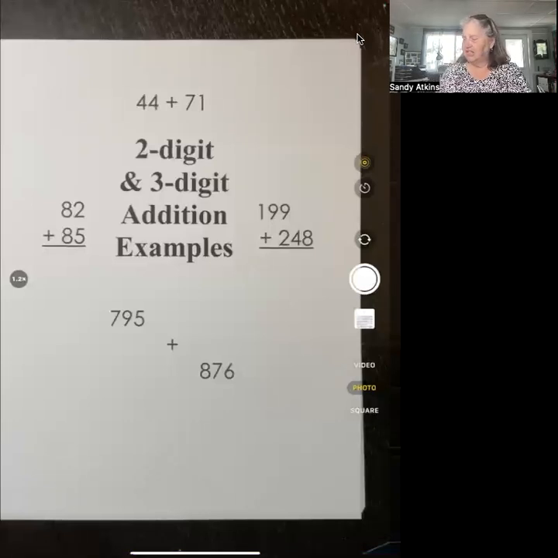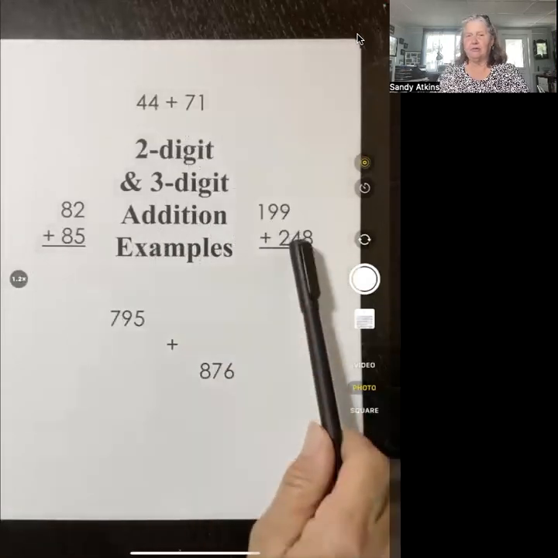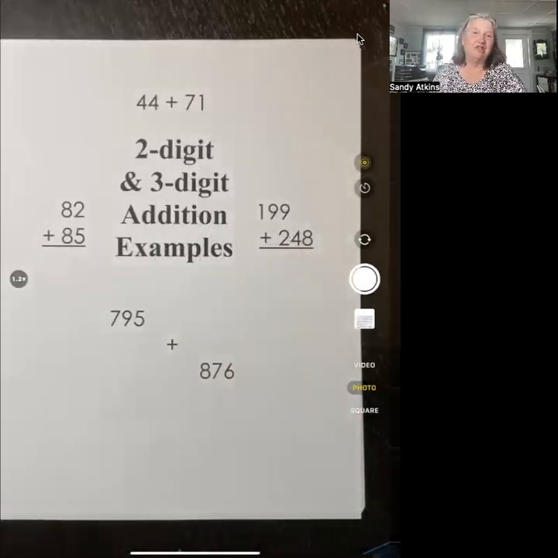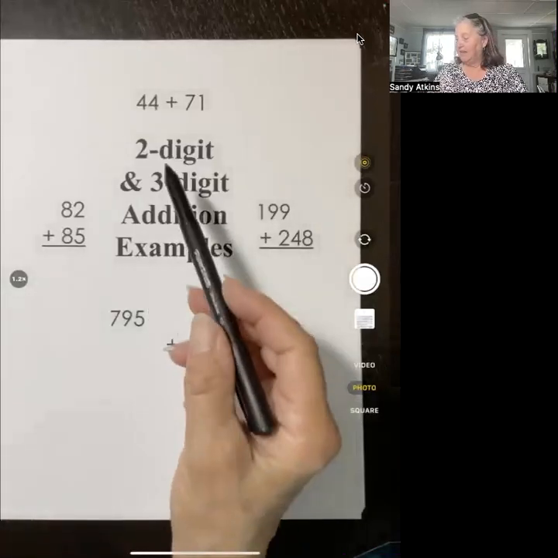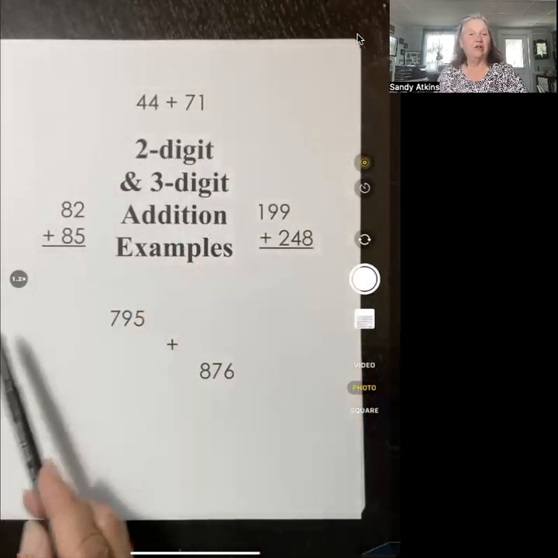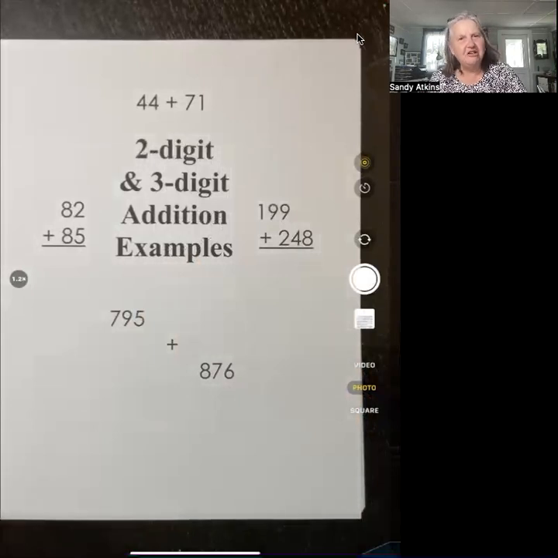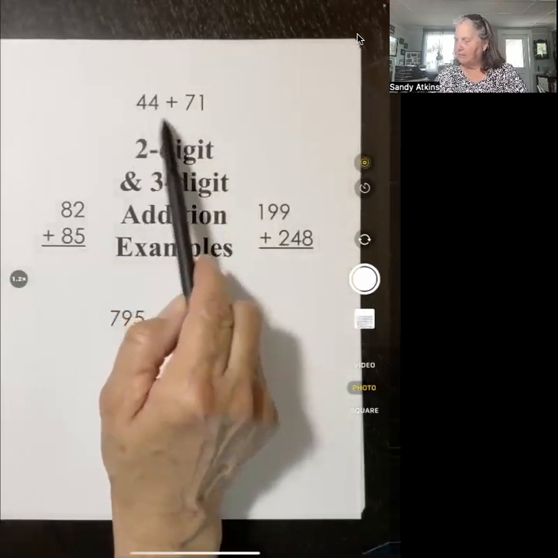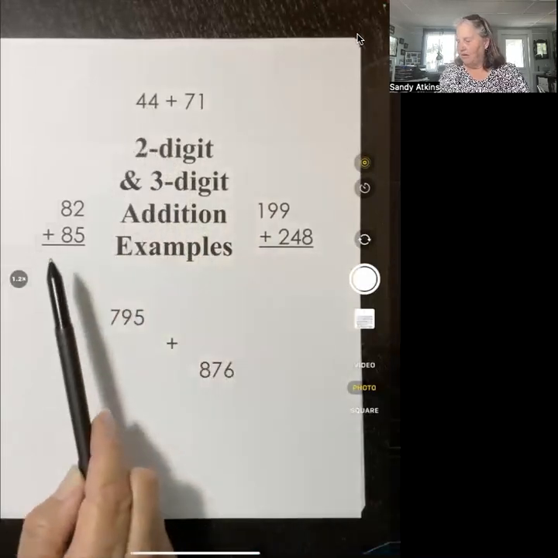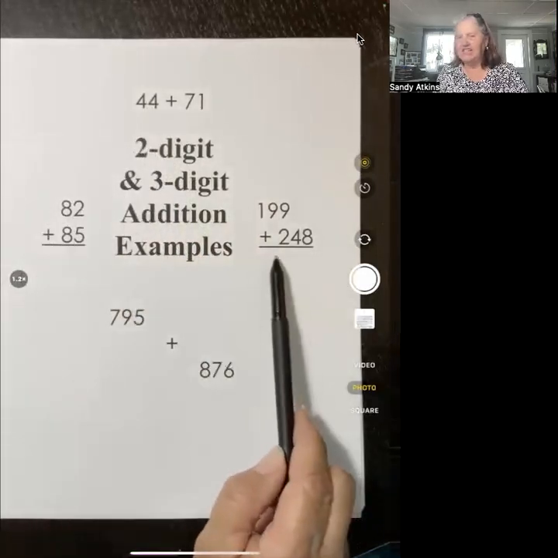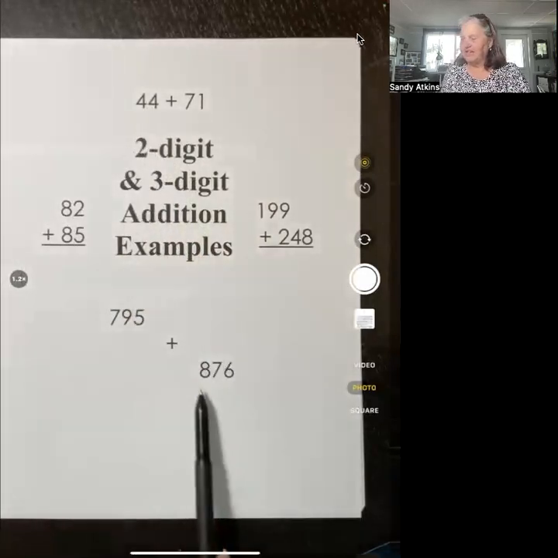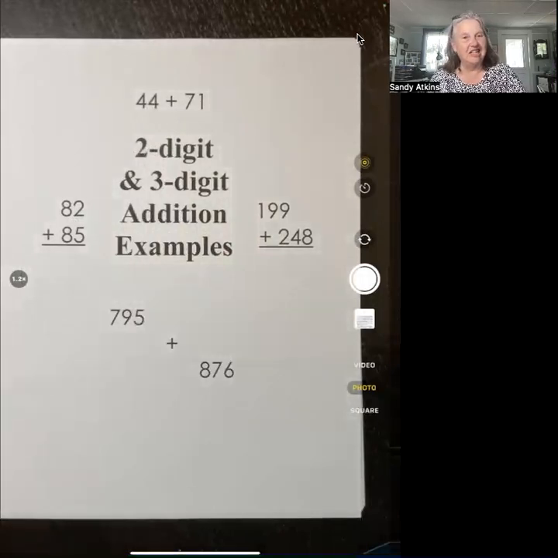For this, you can see I've got 4 different problems that I've written, and all I did was use a random number generator on my phone, and that gave me these numbers in the order you see them written. Now, I'd like you to notice some things, and this links with that flexibility and understanding that we want your child to have. Notice how I wrote one problem horizontally, one problem vertically, and these might even go against the grain a little bit because they aren't aligned.